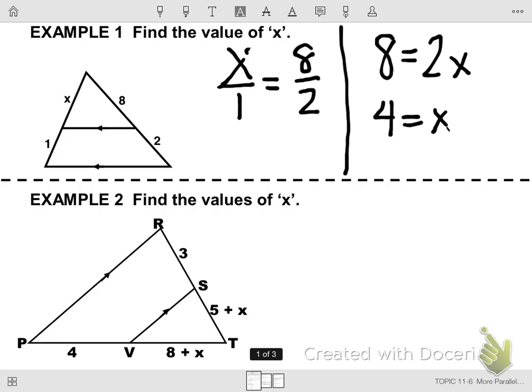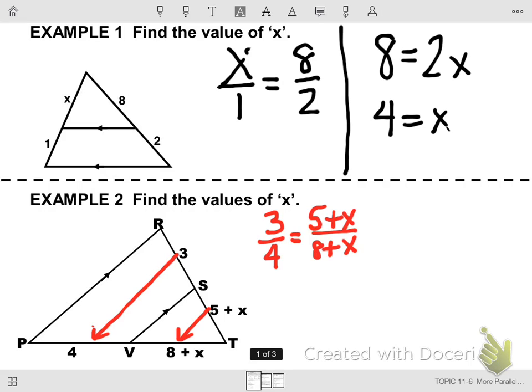For example 2, same situation where the arrows are given, so the lines are parallel. Different ways you can set this one up. What I'm going to do is put 3 to 4 equals, and I went this direction, so I want to set it up going this direction as well. So I'm going to put 5 plus x to 8 plus x.